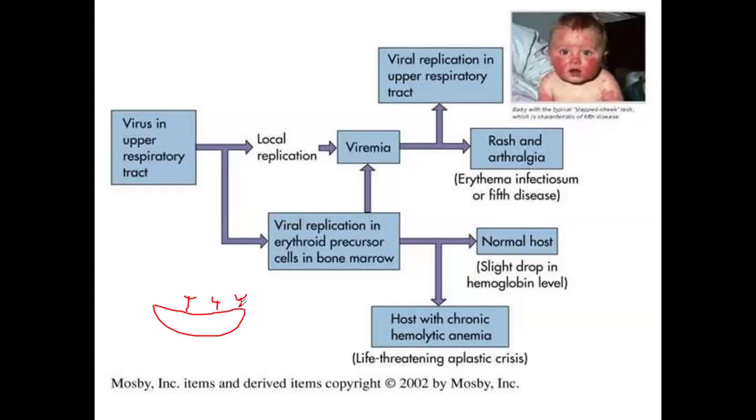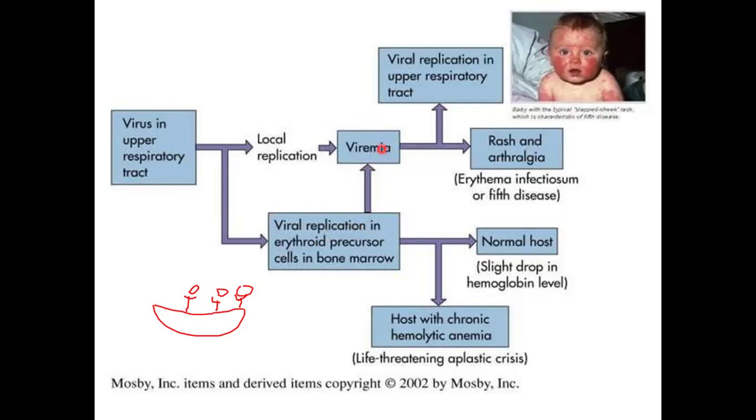So this is how the antigens look. They're called P antigens. So the parvovirus will come and attach itself on the surface, on the P antigen. And these P antigens are found in the precursor cells of the bone marrow. Now, when this happens, it leads to viremia.